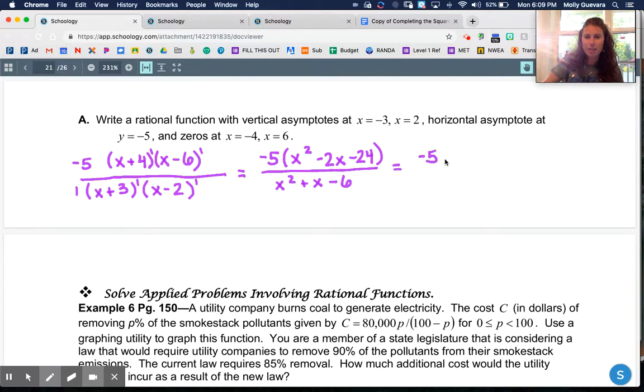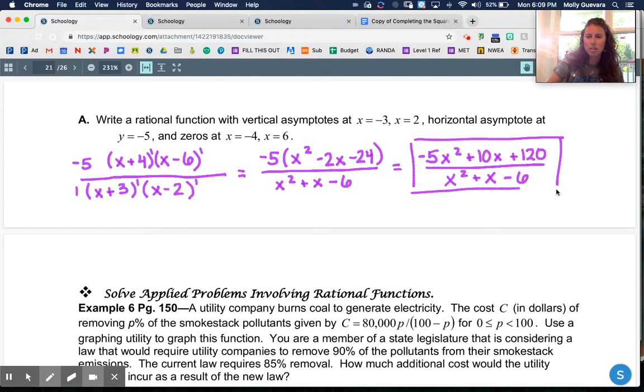So I get -5x squared plus 10x plus 120 over x squared plus x minus 6. And that is my rational function that has vertical asymptotes at -3 and 2, horizontal asymptote at -5, and zeros at -4 and 6.